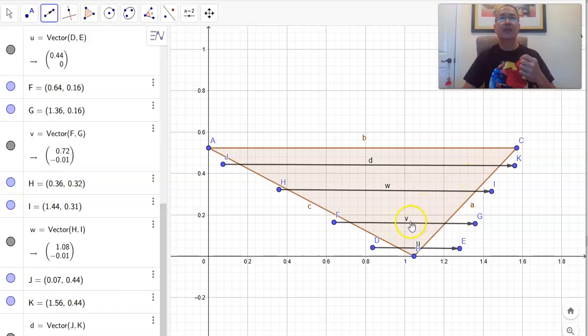So it will be best to express this double integral as a type 2. We're going to go back to Scientific Notebook because our next job will be to find the equation of this line segment and this line segment. Once we do that, we can go back to GeoGebra, this time in 3 dimensions, and see what we are integrating.